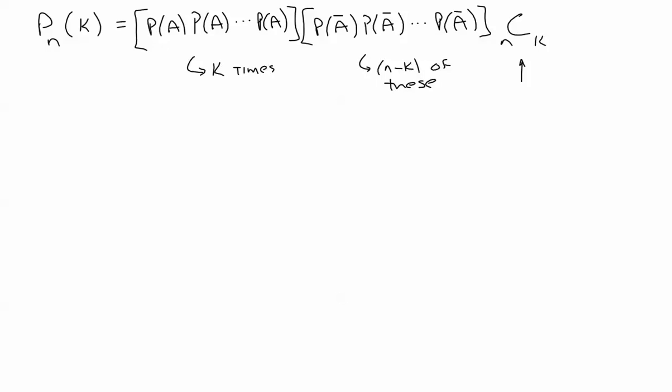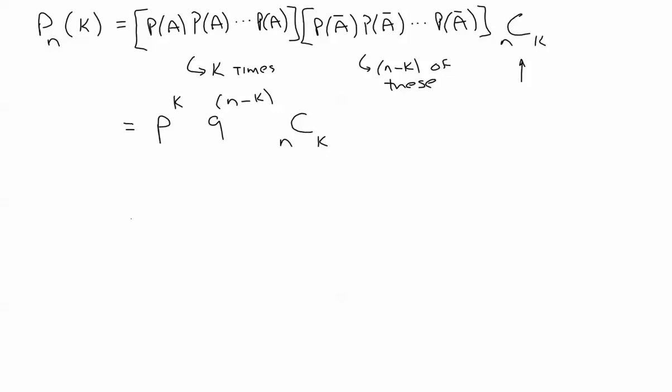So let's simplify the notation a bit. Remember, the probability that A occurs is little p. So it'll be p raised to the kth power, q raised to the n minus k power, and then the number of combinations.